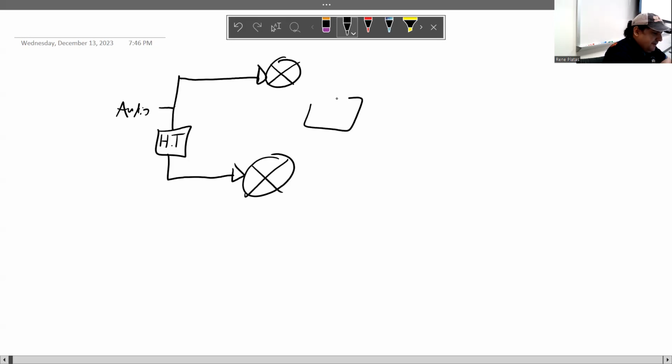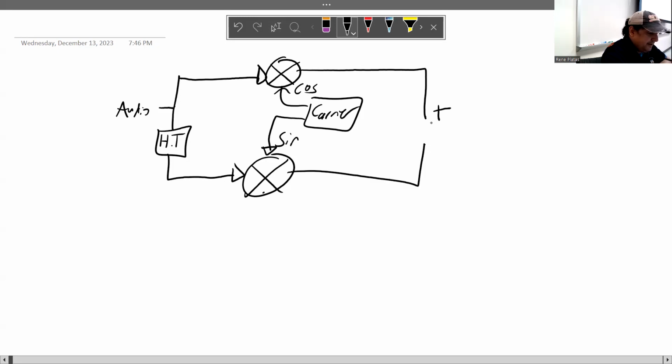This is going to be the carrier, a sine wave and a cosine wave. Then it's going to add the product here and subtract it from here, and this is the output.